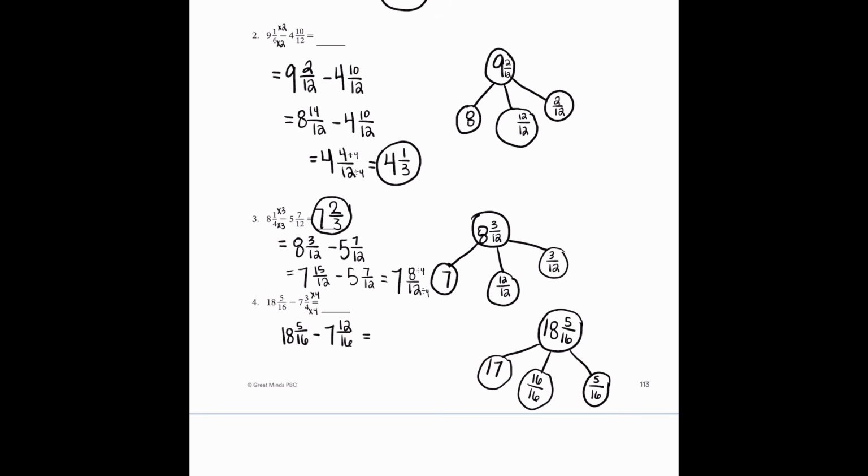So now I can put my new mixed number over here, which would be 17 and 16, 17, 18, 19, 20, 21, 17 and 21/16 minus 7 and 12/16. I can then have 10 and 9/16 as my final answer.